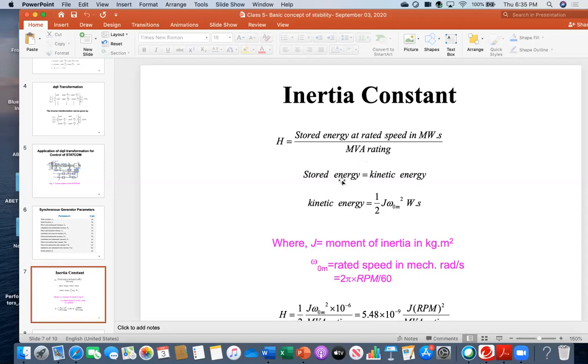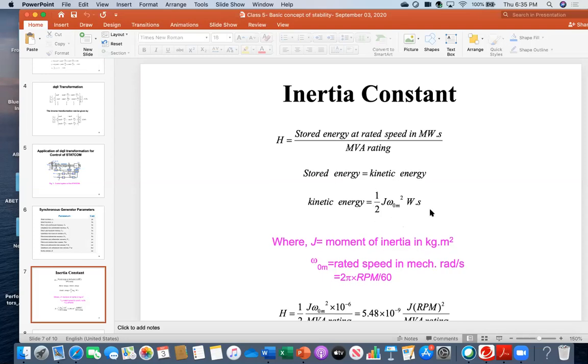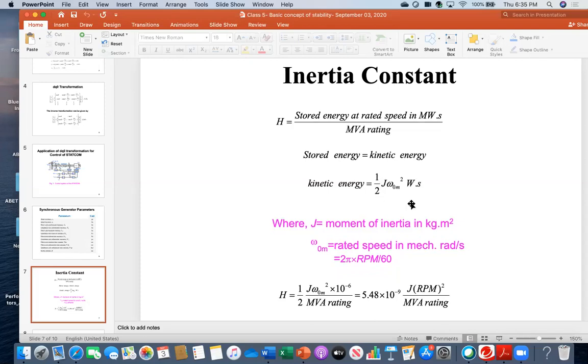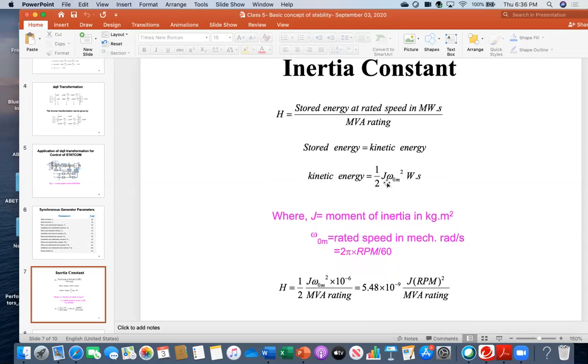What is the stored energy? Stored energy is the kinetic energy. And what is that kinetic energy? You all know half mv square, but in this case, instead of m, J is used. What is J? The moment of inertia in kg meter square.